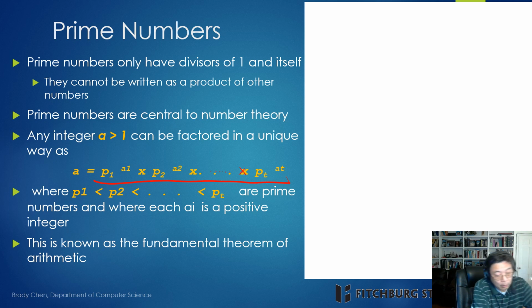Now let's take a look at an example. Let's say I pick a number a, which is 144.